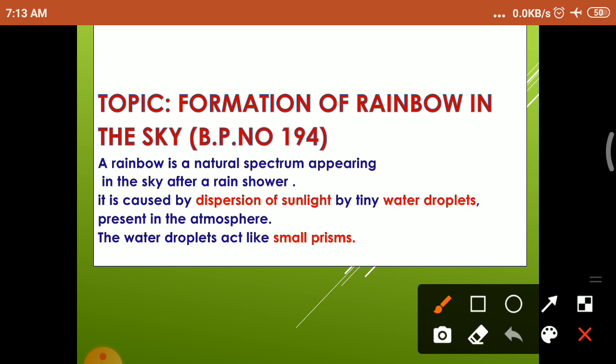So when the sunlight falls on the water droplet, the water droplet acts like a small prism. When light falls on a prism, it is dispersed into 7 colors, we know that. The same way, when the light falls on a water droplet, it is dispersed into 7 colors. Due to that, the rainbow is formed in the sky.